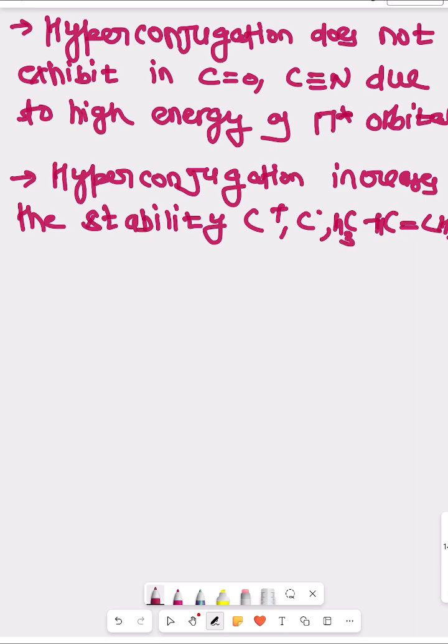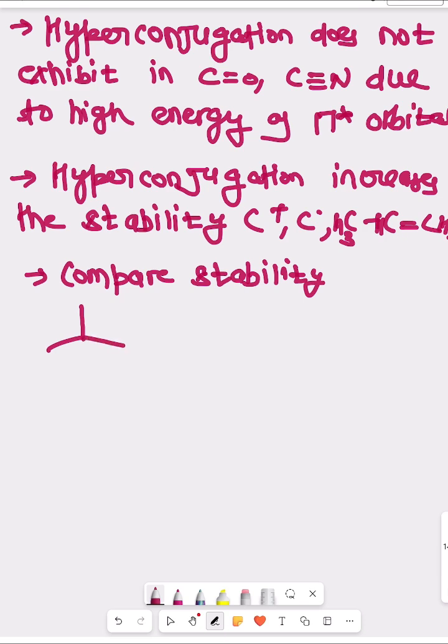Let me show you with some examples. Compare the stability. This is your carbocation.